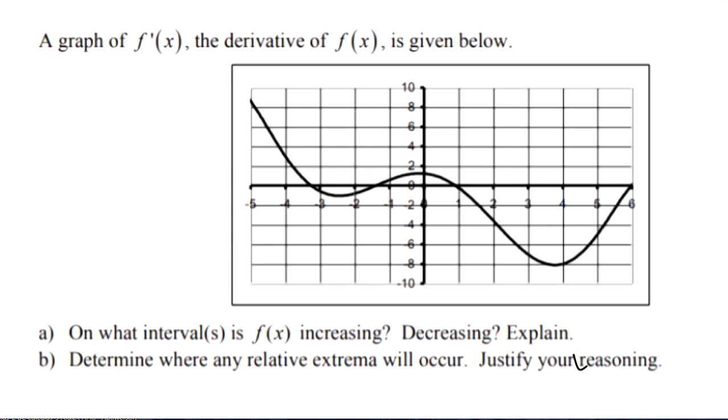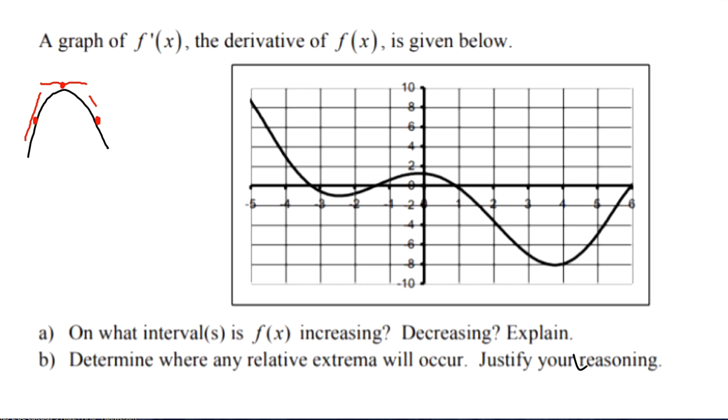And so to interpret where f is increasing, we need to think about what's happening to the original function. So let me just sketch an original function over here. And let's think about our derivatives, which are the slopes of your tangent lines at different places.